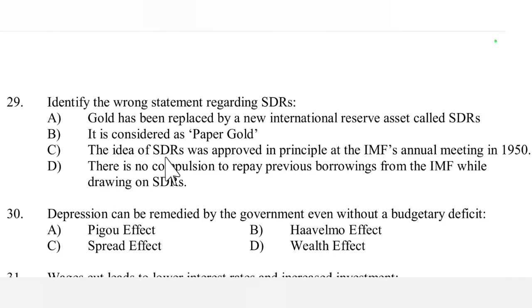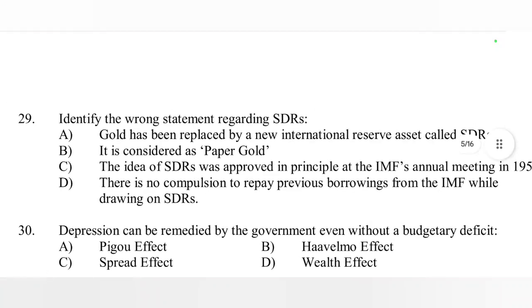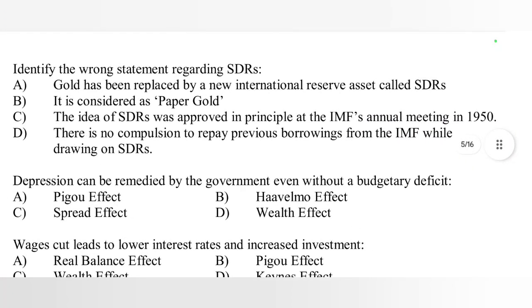Then the idea of special drawing right was approved in principle at the IMF annual meeting in 1950. No, this is incorrect. It is not 1950. It was in 1969. So the correct answer is 1969.